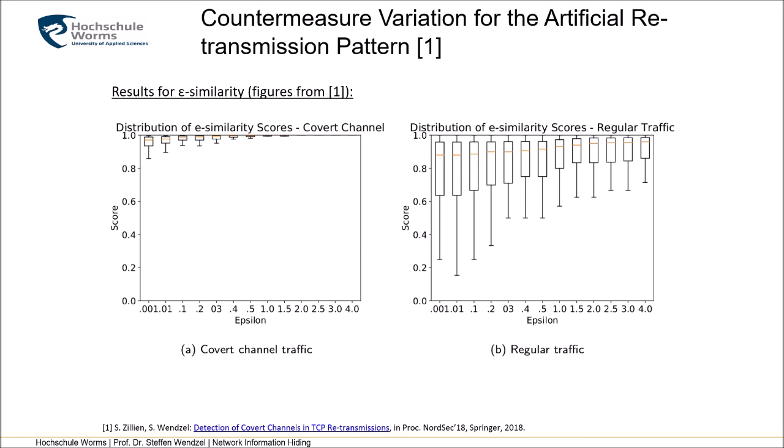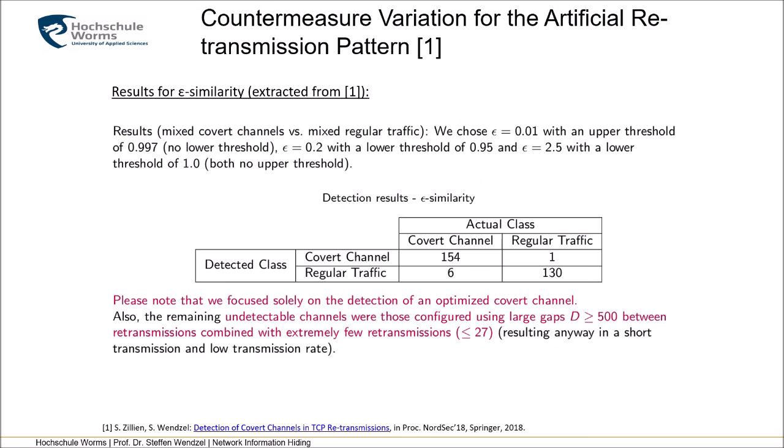If we look at the distribution of the scores for different epsilon thresholds for legitimate and covert channel traffic, then we can already see visibly that there is a clear difference, but you still have to apply some detection thresholds. If we look at the detectability while applying two thresholds, then we can detect covert channel traffic pretty nicely.